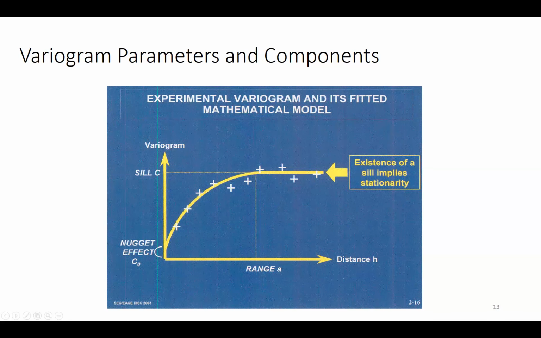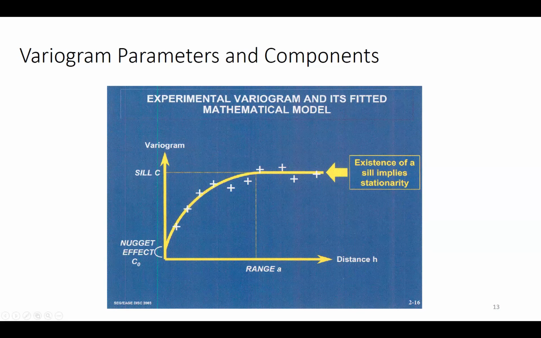The range is the distance at which the variogram reaches the sill, and samples with distance beyond the range are no longer correlated.